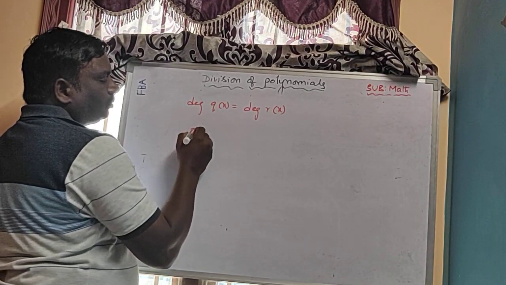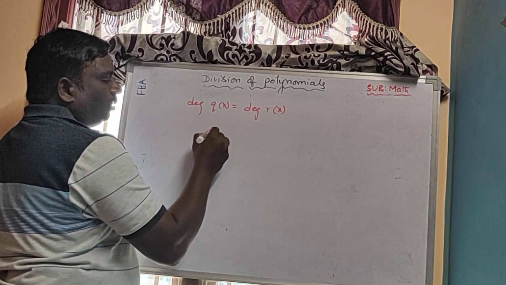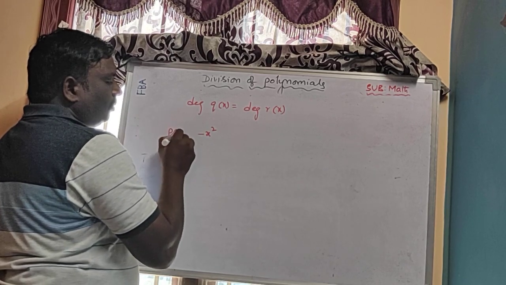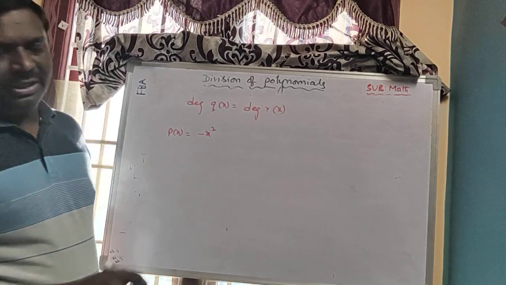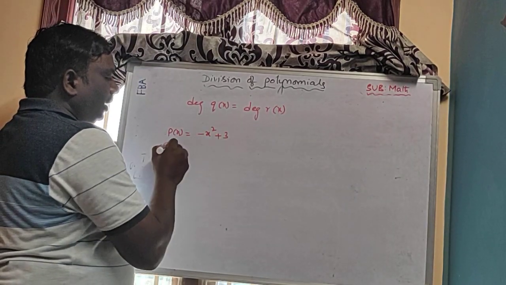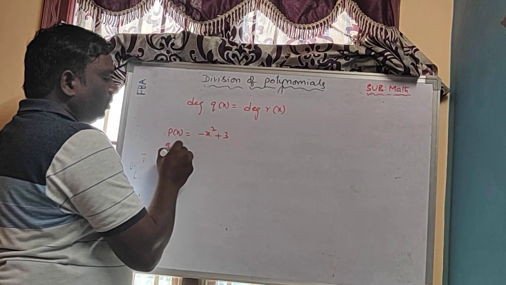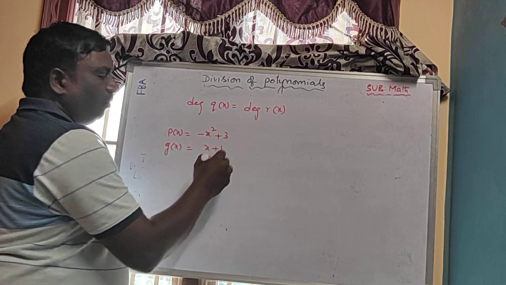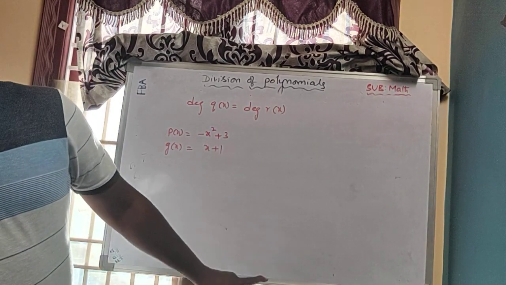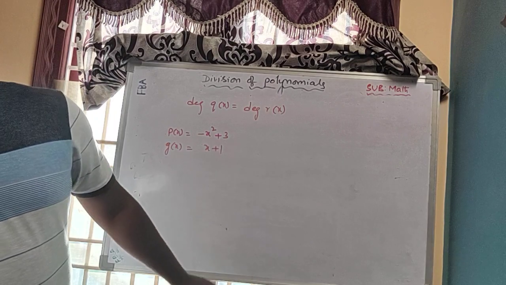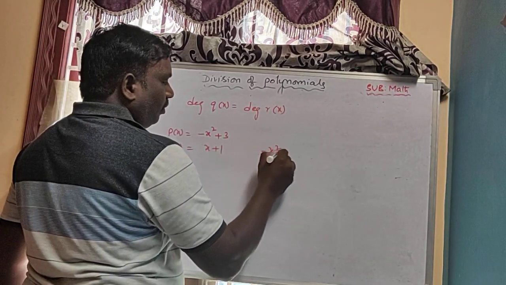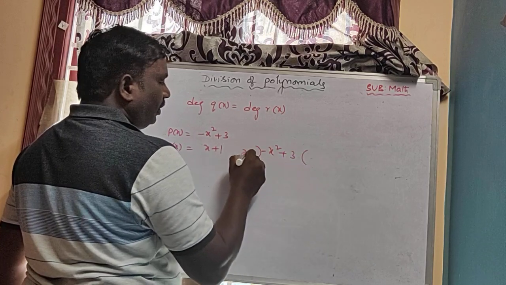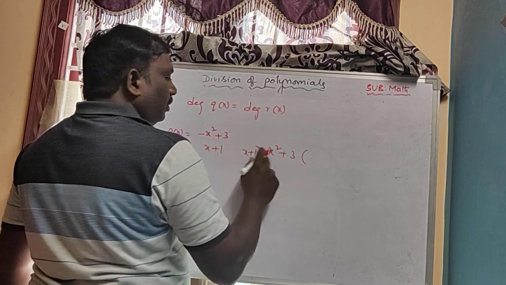Now I am taking the example p of x equal to minus x square plus 3 and g of x equal to x plus 1. Degree of q of x equal to degree of r of x, they are asking r of x. So x square plus 3 divided by x plus 1.